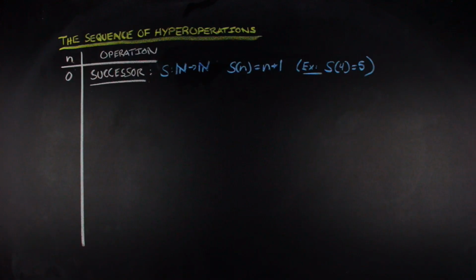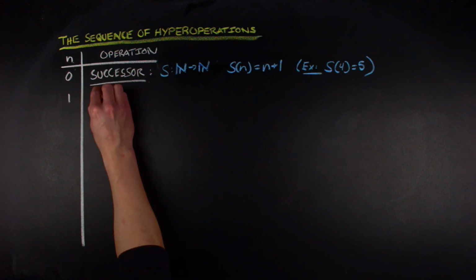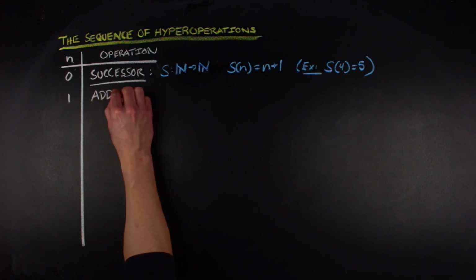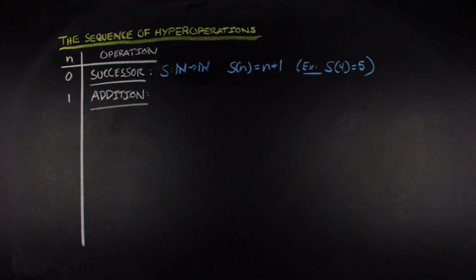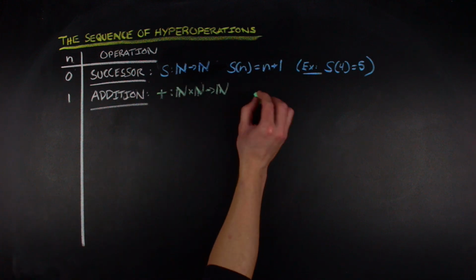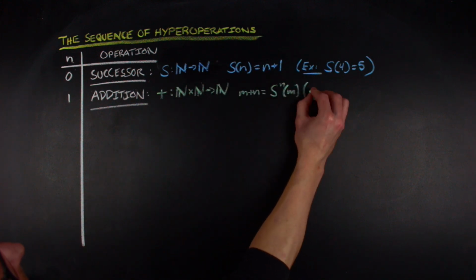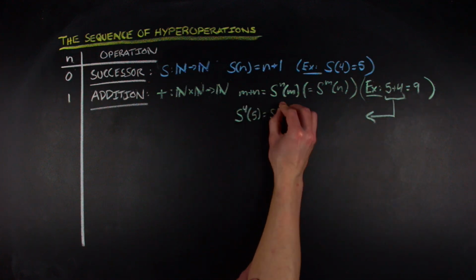So after succession, the first hyperoperator, even though it doesn't really feel like a hyperoperator because we haven't got to the weird ones yet, is addition. You can think of addition as a hyperoperator because addition works as an iteration of successions. So if we have m plus n, we can take the successor operator and apply it n times to m.